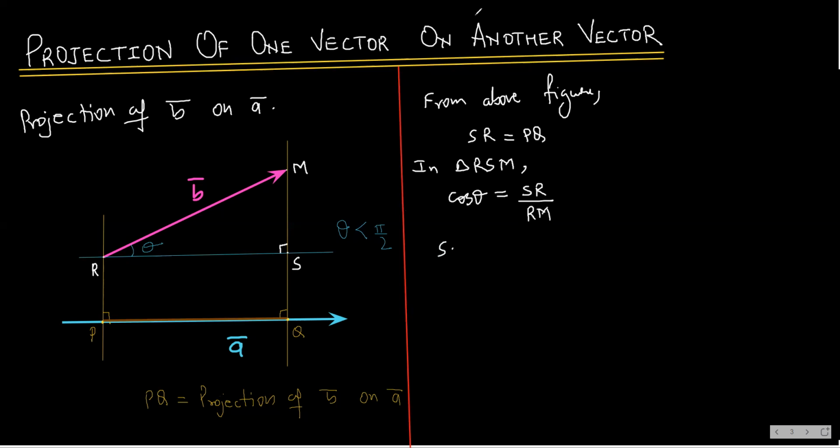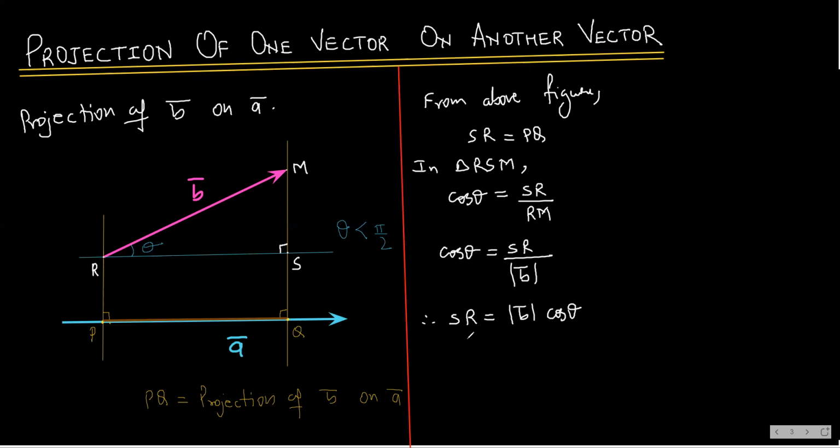So I have cos of theta equals SR upon RM. And what is RM? RM is nothing but the magnitude of vector B bar. The length RM is the length of the vector B bar. So what will SR be? Therefore, SR will be mod of B bar into cos of theta.